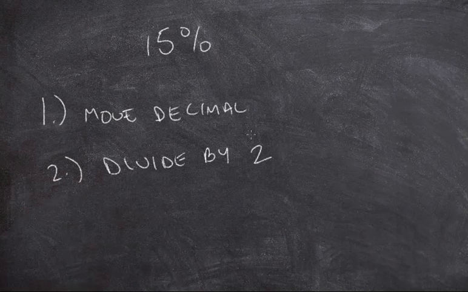That's it. All you have to be able to do is move a decimal one place, and divide by 2. Moving a decimal one place is the easiest of the two. Dividing by 2 can potentially cause some issues, but again, this is about estimating. You don't have to be exact. Alright, let's see how this works.